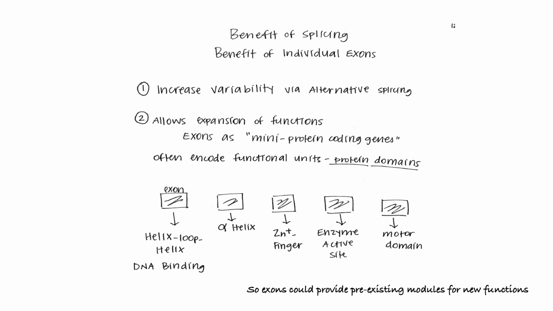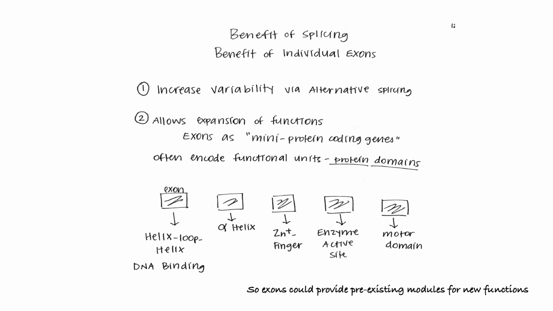And what we saw was that the protein domains were structural and functional independent units. That you can remove a particular domain from a protein and it will still function. So it turns out that quite often the exons encode an entire domain.